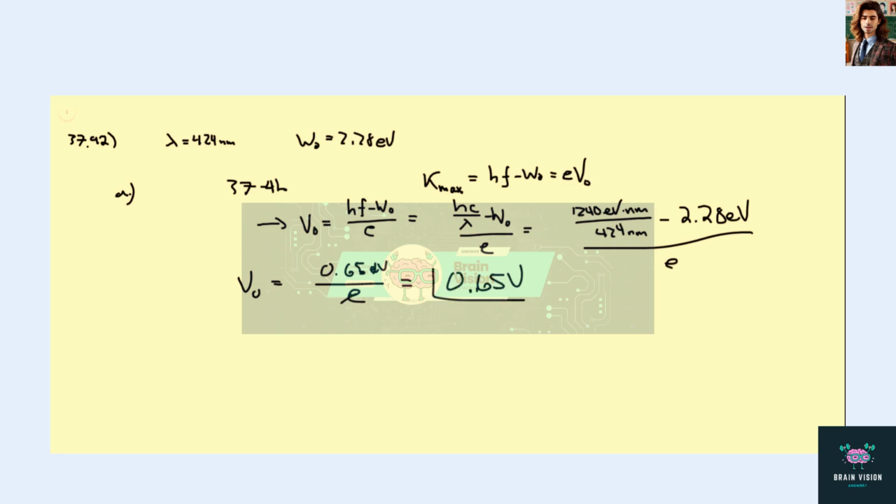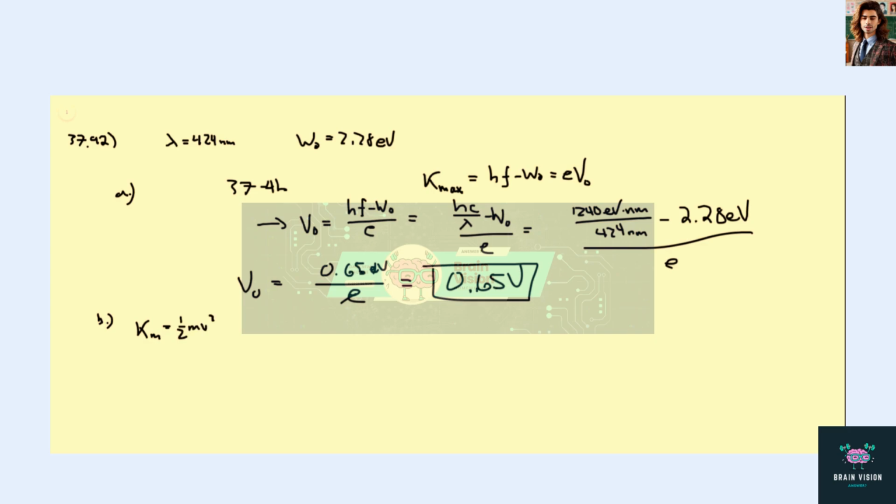Cool. Let's move on to part B now. Part B asks, what is the maximum speed of the electrons? Well, first we're going to use the non-relativistic kinetic energy equation, set Kmax equal to 1/2 mv squared.